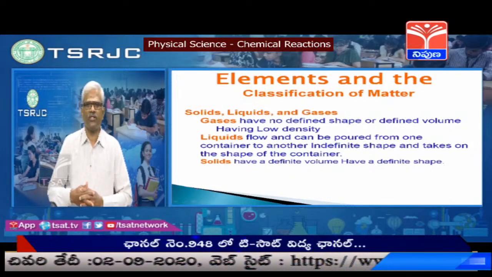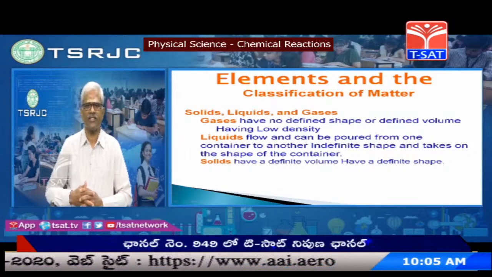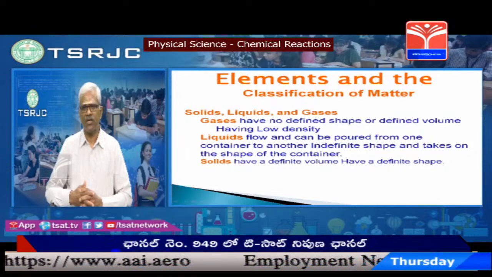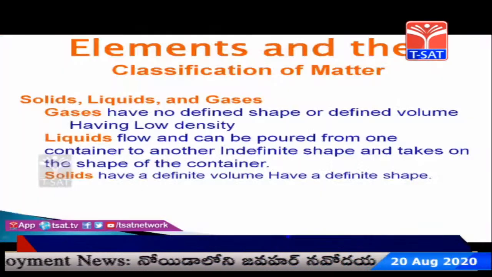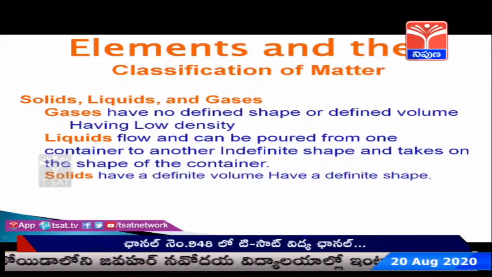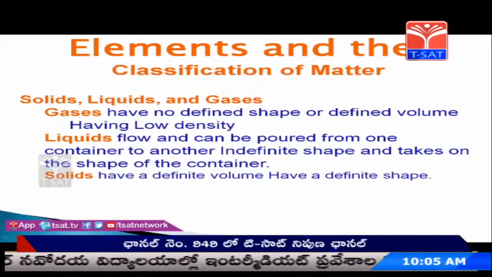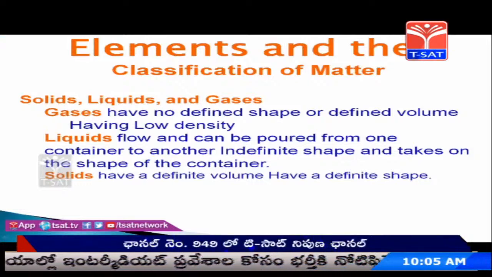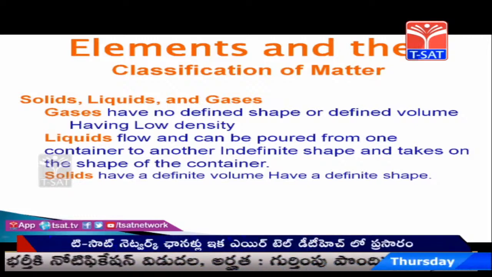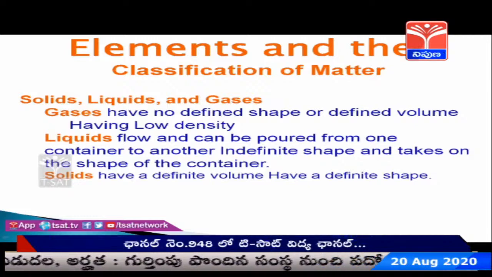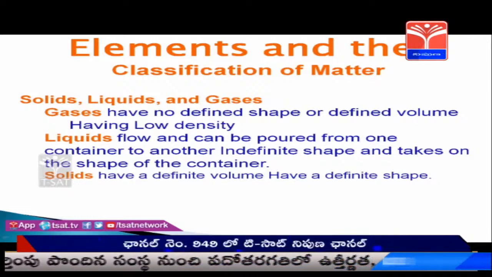You know very well that solids, liquids and gases we will see in our surroundings. So, all the matter in our day-to-day life comprises mainly these 3 states. Of course, another state is also there, the colloidal state.